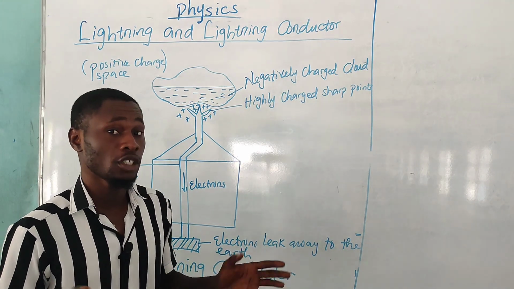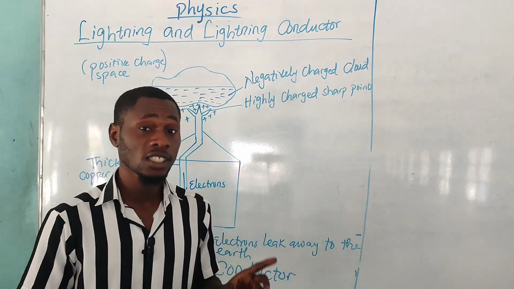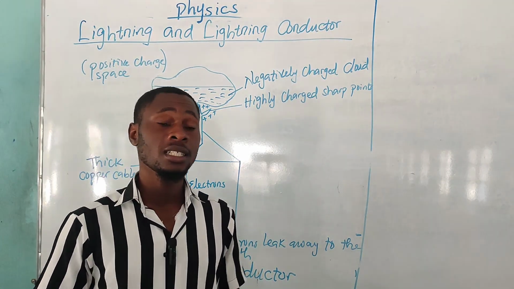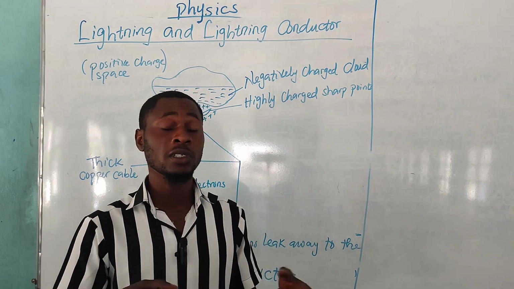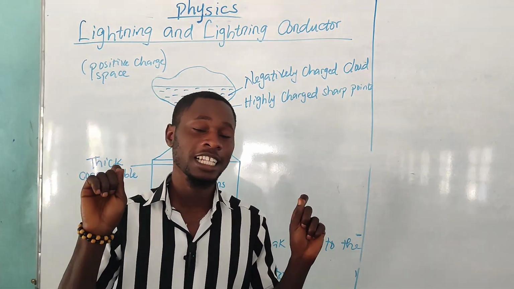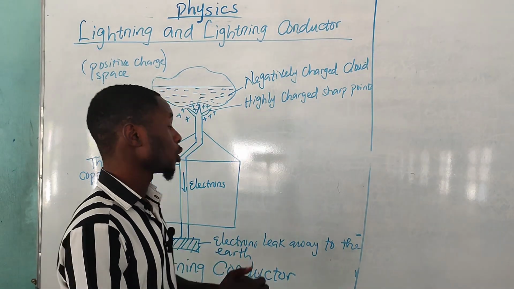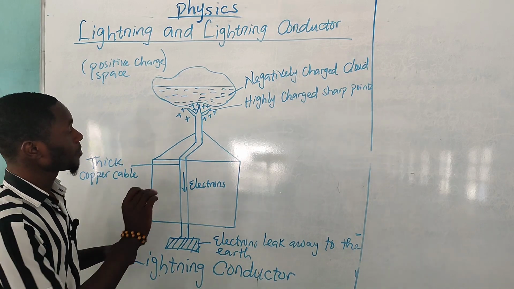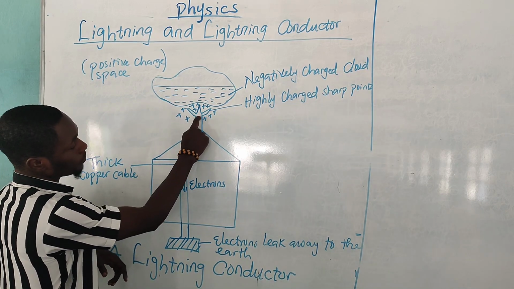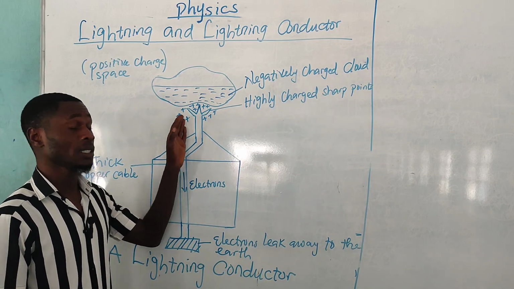So we already said the lightning conductor is a device that is specially made in order to prevent buildings or tall structures from the damage of the energy released in the thunderstorm. All right, so a lightning conductor consists basically of a very sharp metal point, which we call the spikes.